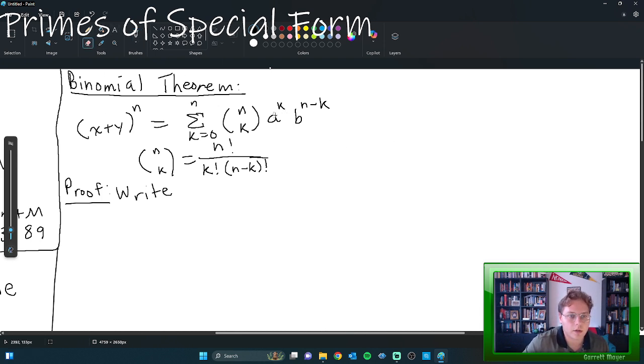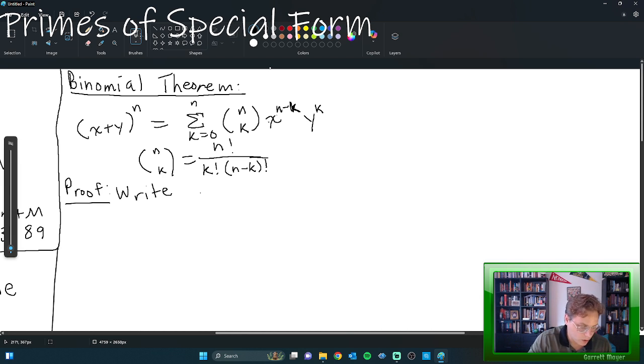And I misstated this theorem slightly. Sorry. It's ultimately the same thing. I just wrote it as if there was a and b right there.